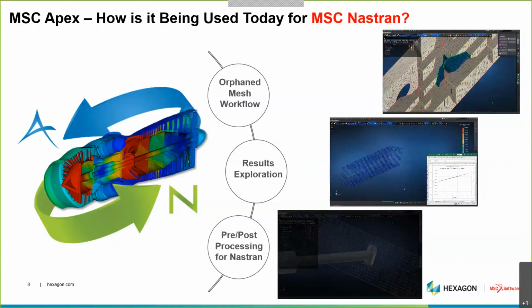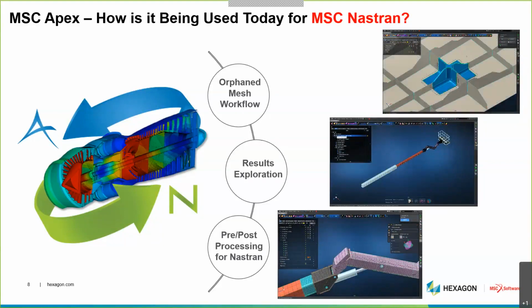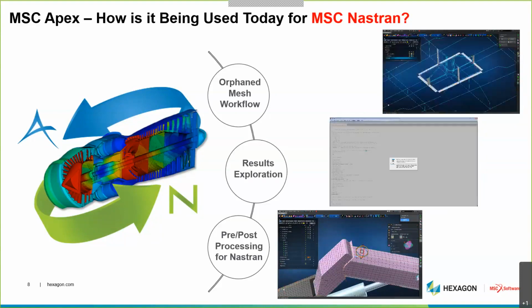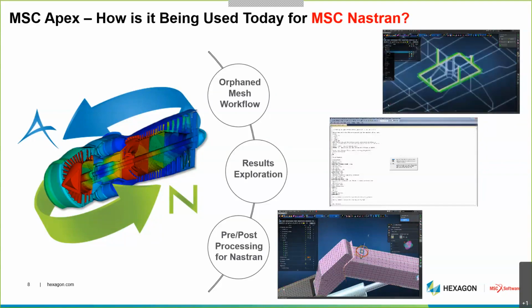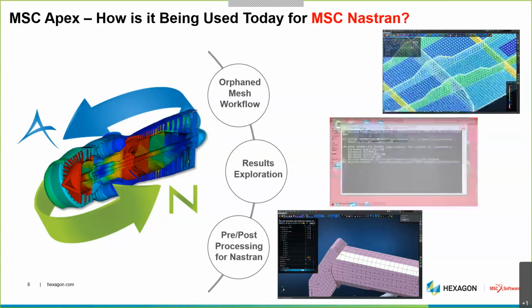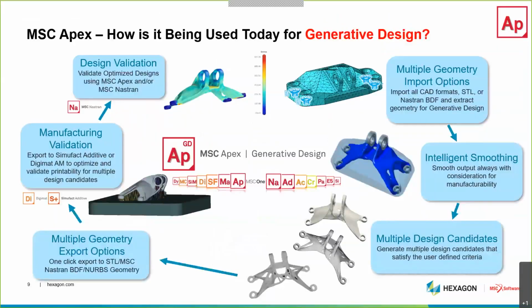You can do that inside of Apex. Also, I'll tack on the fact that customers are also using the interoperability with MSC Nastran not just as a pre-post, but also they're leveraging the Python API in order to do things that I'll get into a little bit later, but it's also very, very exciting.